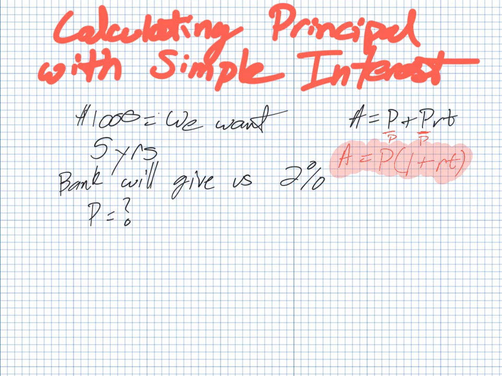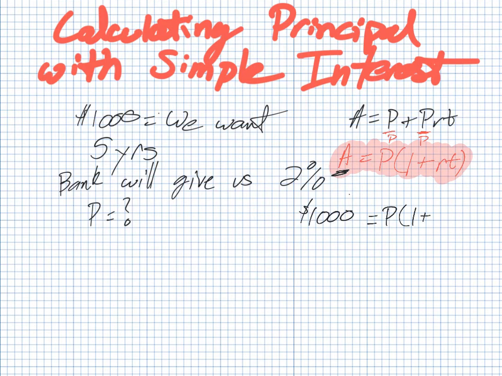So what do we have? Well, we have the amount. How much did we want 5 years from now? 1,000. Great. So our A, which is our future amount, is equal to $1,000. The P, the original amount put in, do we know what it's going to be? No, that's unknown to us.